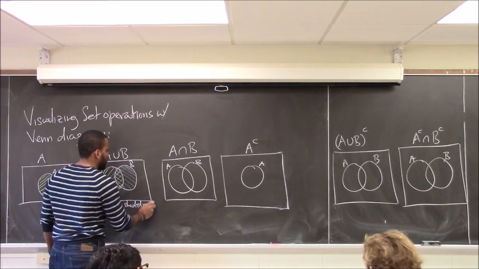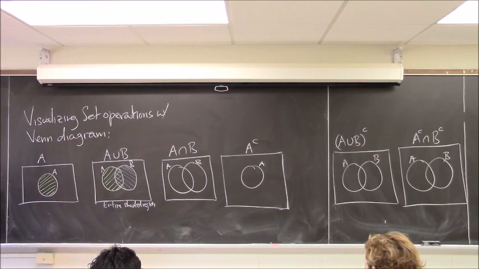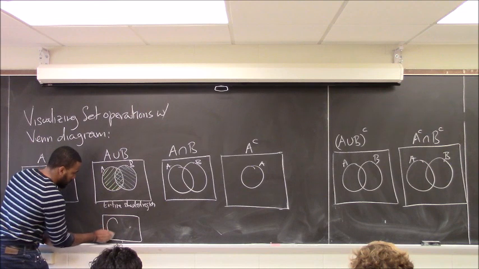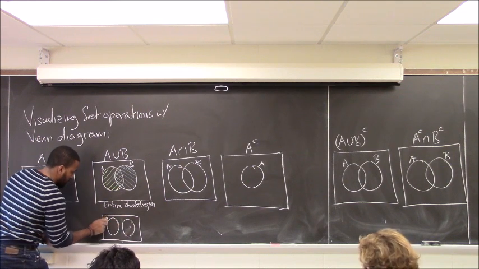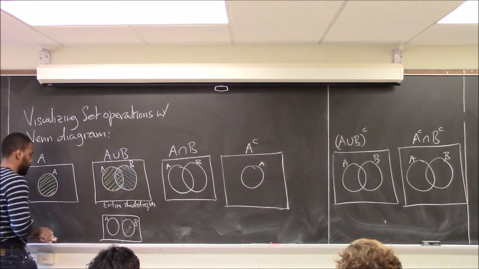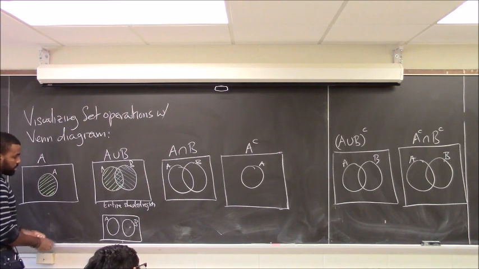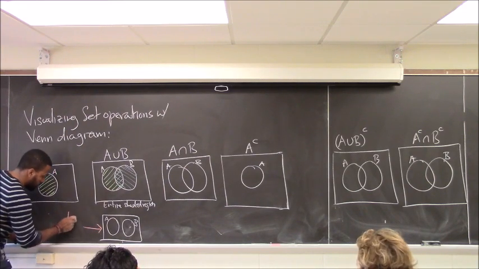I want to mention here that I drew the circles overlapping. You might wonder, do they always have to overlap? They don't always have to overlap, but if you make them separate, this is actually less general.